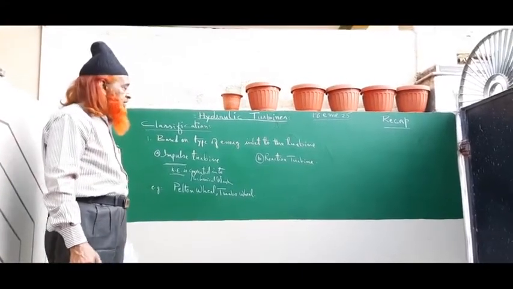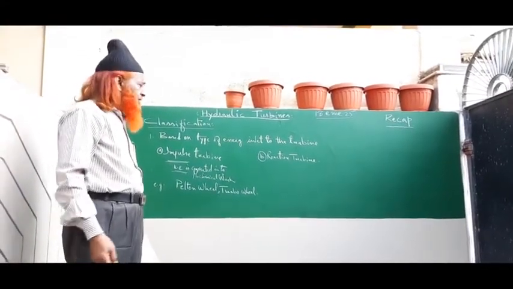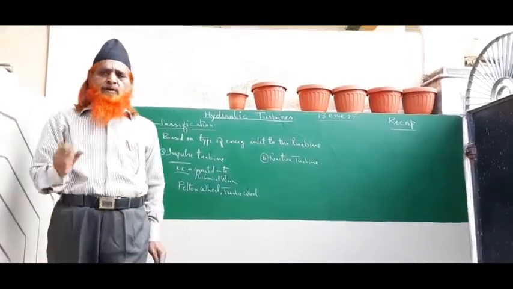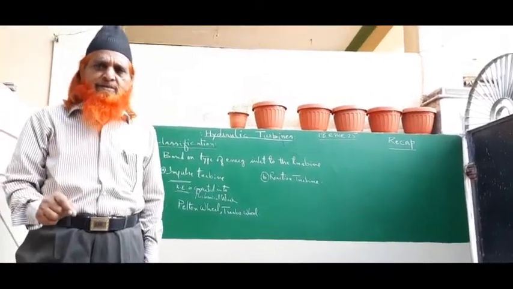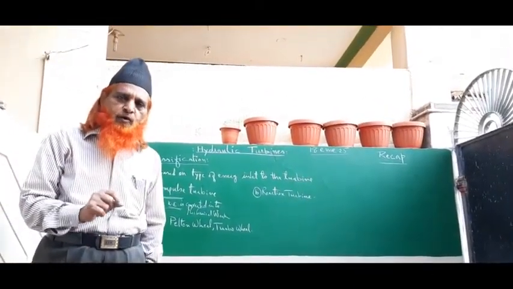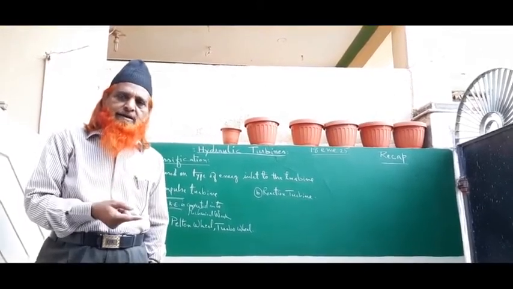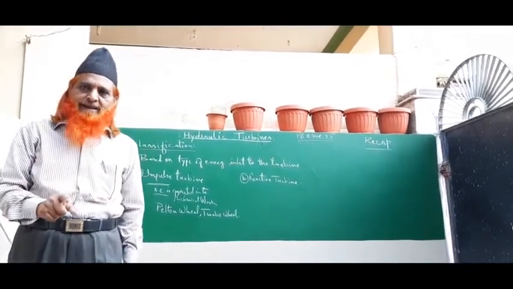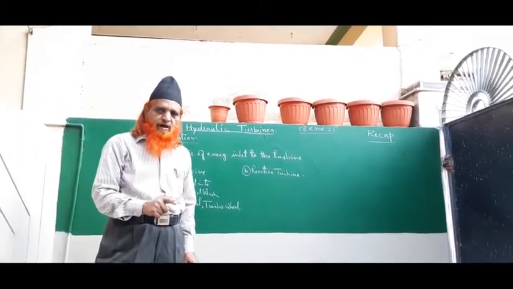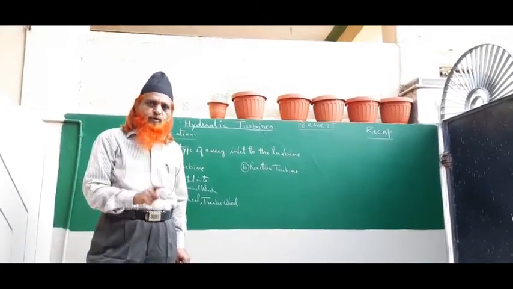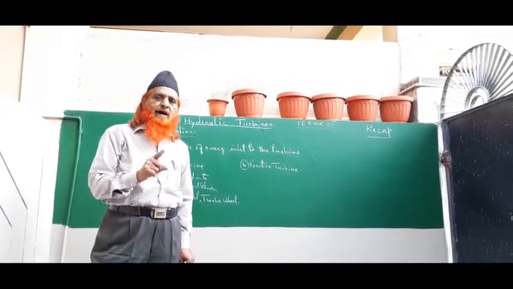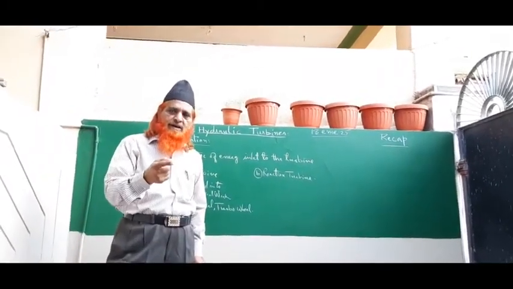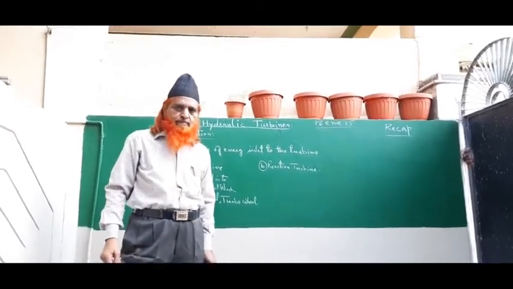Then what is the reaction turbine? That means the input energy is not the kinetic energy. Then what energy is it? The input energy to the turbine blades is the pressure energy. Actually, for the flow purpose, before the entry of the runner, it will have some kinetic energy. Then the pressure of this water will act over the turbine blades, and as a reaction, the rotation of the runner and of the shaft is obtained.